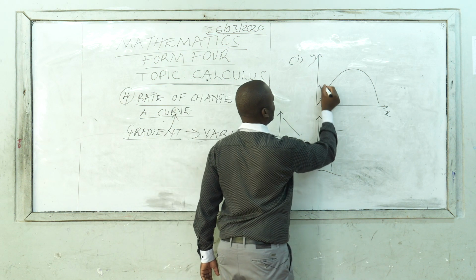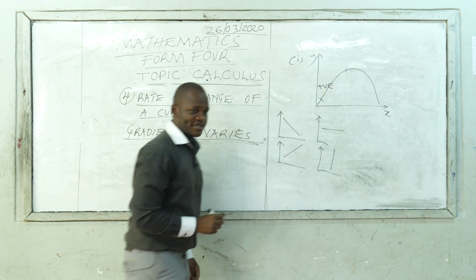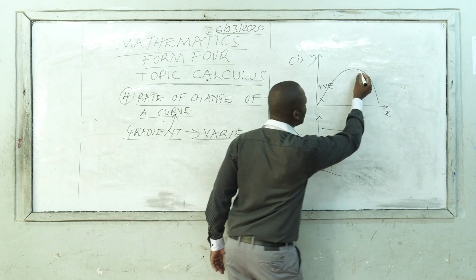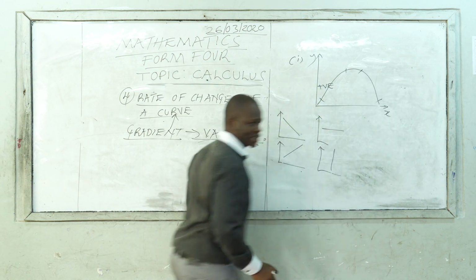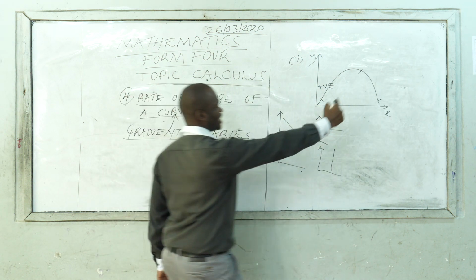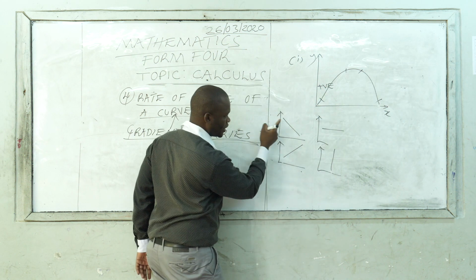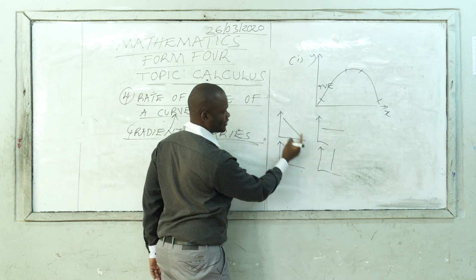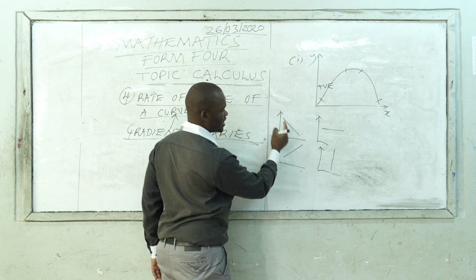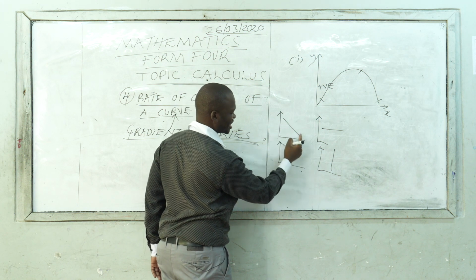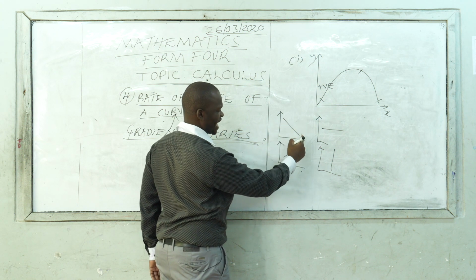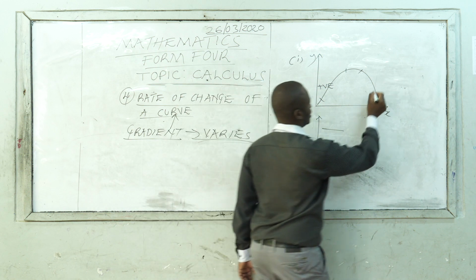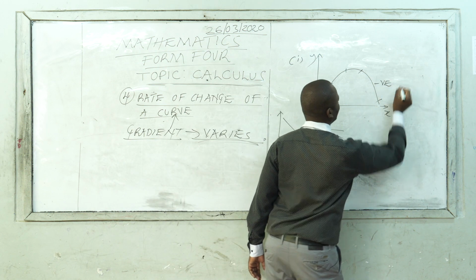So here we have a positive gradient. Now, between this point and that point, the inclination is similar to this straight line, and here we said such inclination means we have a negative gradient.